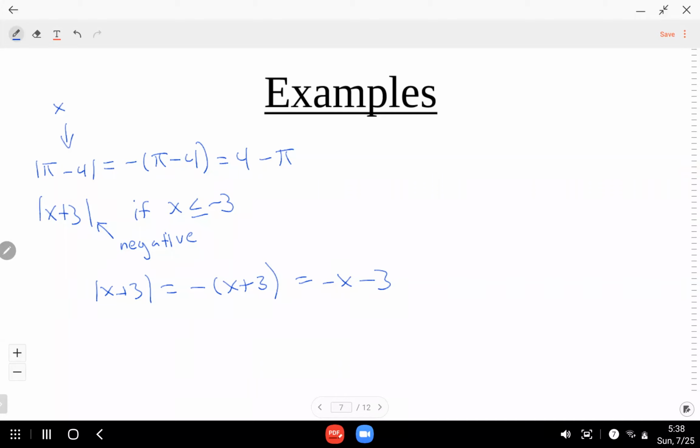And then we subtract 3. So let's say x is -4. The absolute value of -4 minus 3 equals 1. Now -x minus 3: -4 minus 3 also equals 1. So both answers are correct, but I prefer you do it this way because we are ignoring the 0 here. So, yeah.